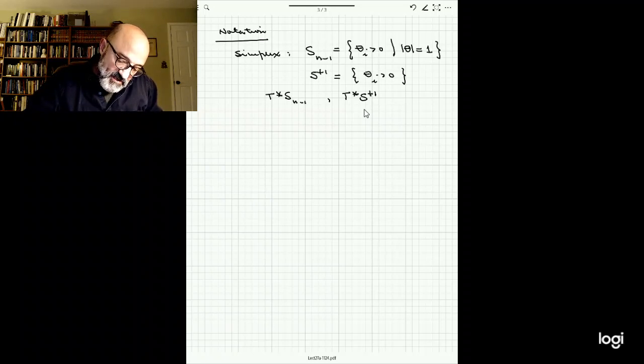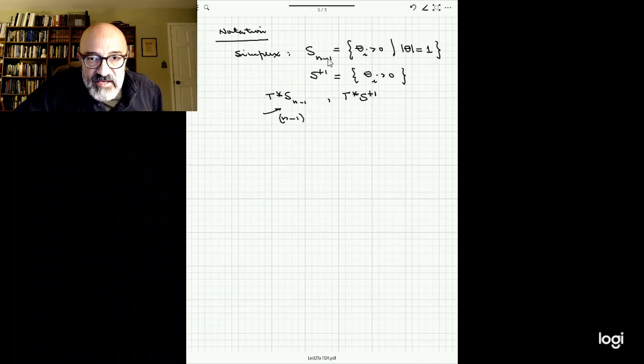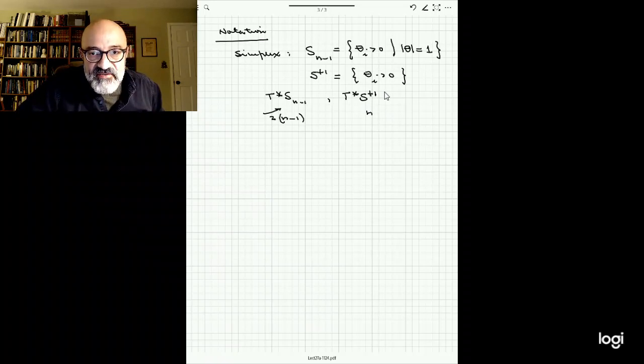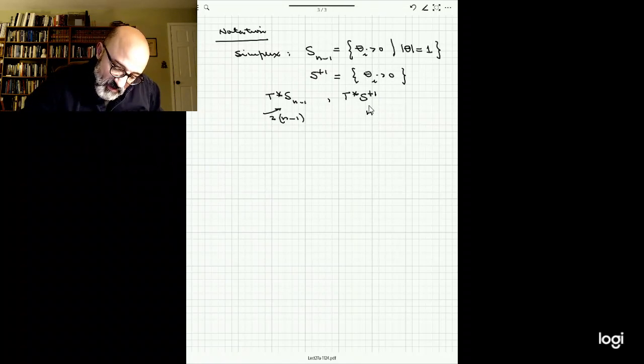This one has n-1 dimensions, you can see it from the simplex, and because we're doing the cotangent spaces, you double it. And this one has n dimensions for the embedding space, and you double it.